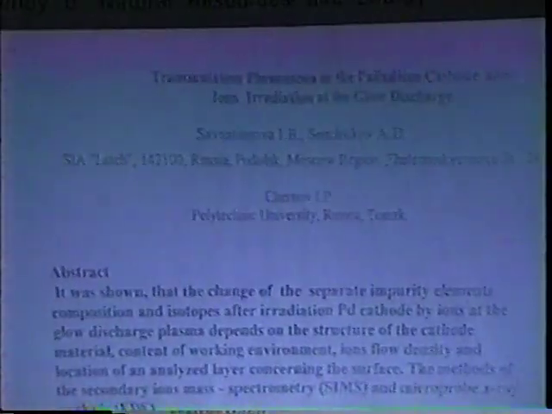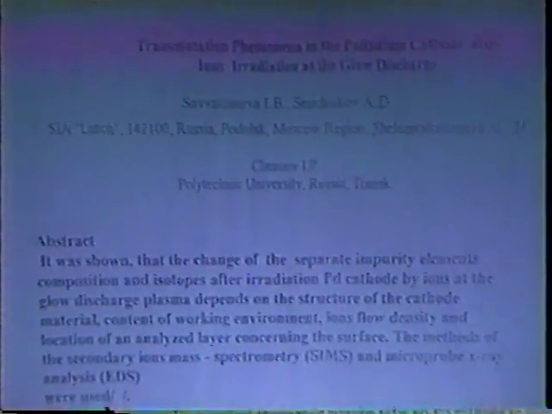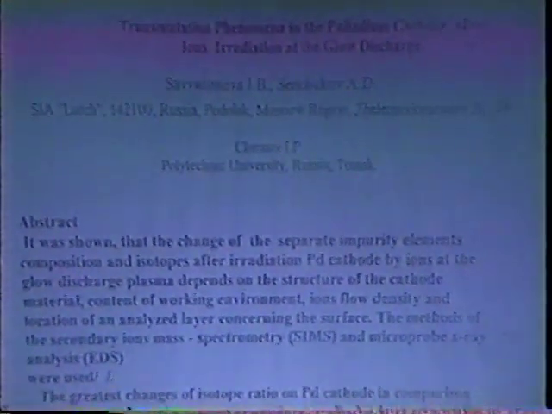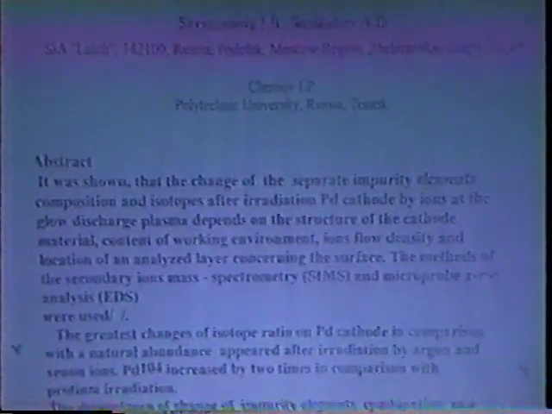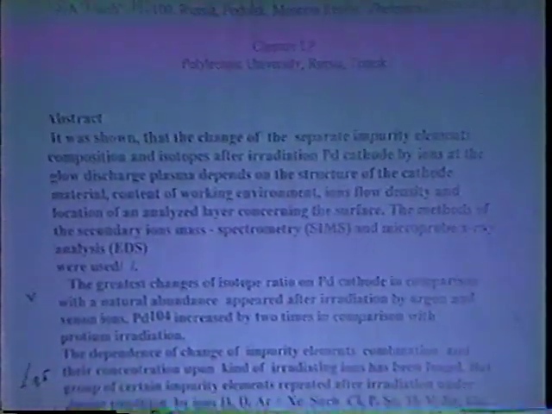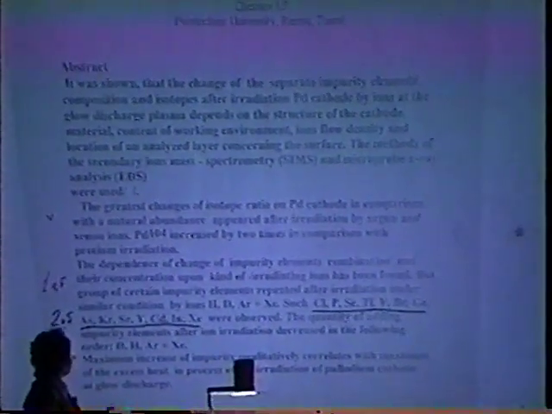It was shown that the change of the separate impurity elements, composition and isotopes after irradiation of the palladium cathode by ions at low discharge plasma depends on the structure of the cathode material, content of the working environment, ion flow density, and the location of the analyzed layer with respect to the surface.